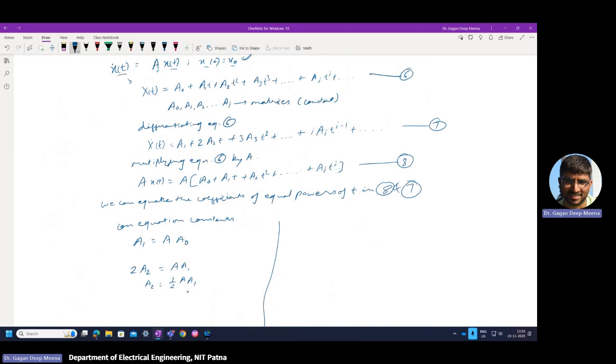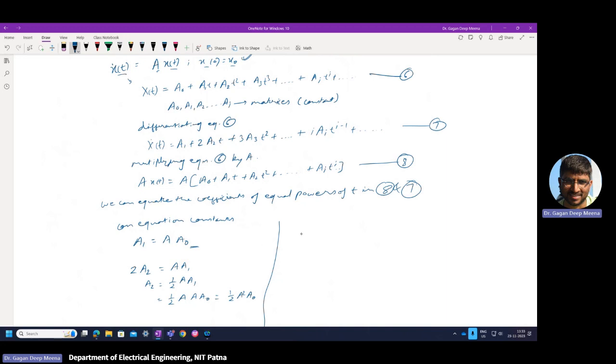Now if we put the value of A1 from this equation, it can further become A2 equals half of A square A0. So this is the term which is becoming like this.